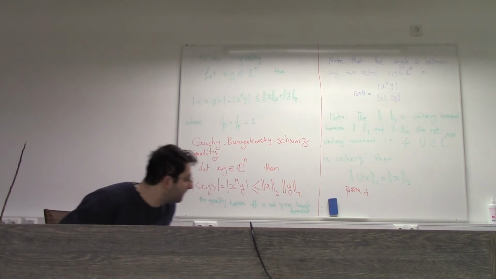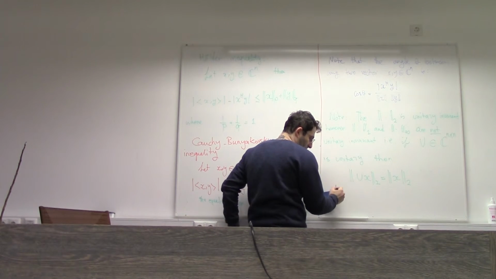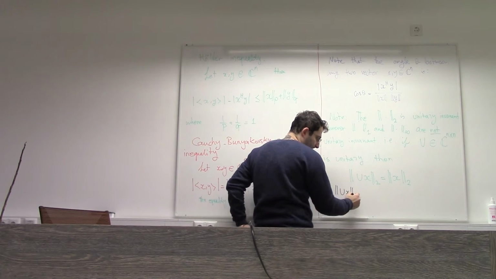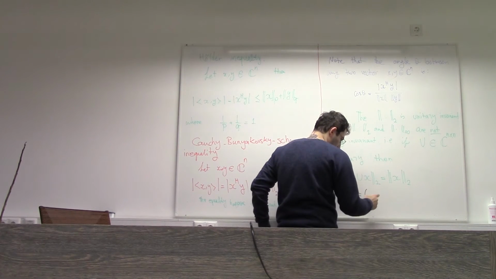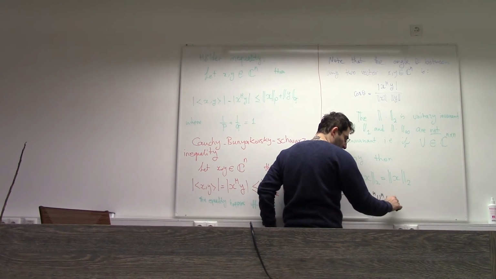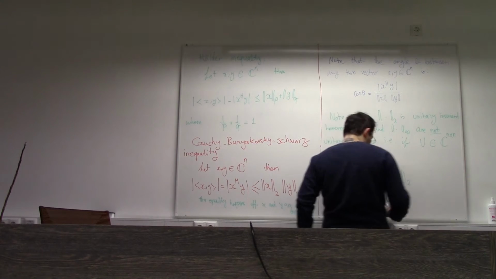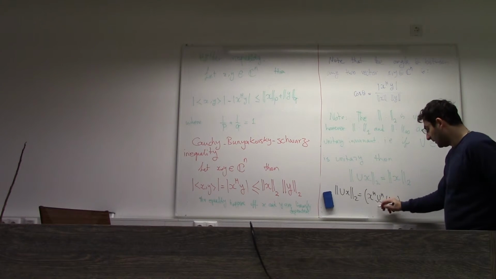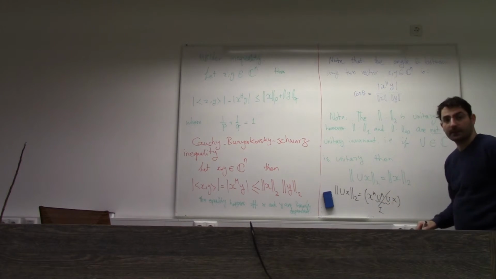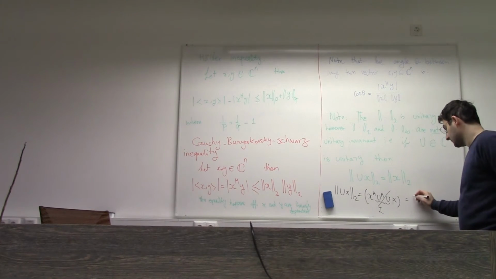By definition, right? Norm of Ux is x Hermitian U Hermitian multiplied by Ux, to the power 1 over 2.